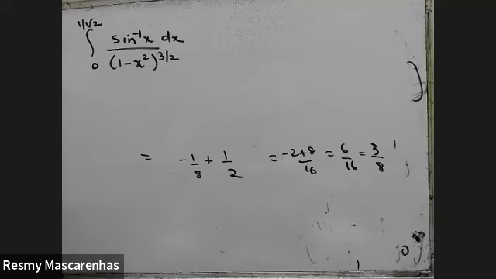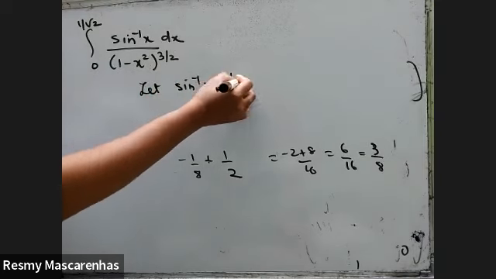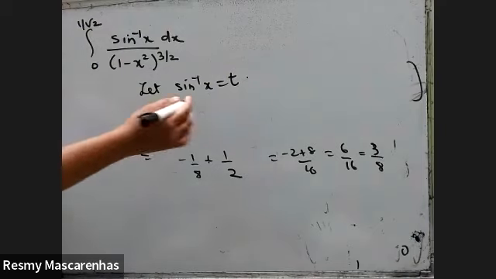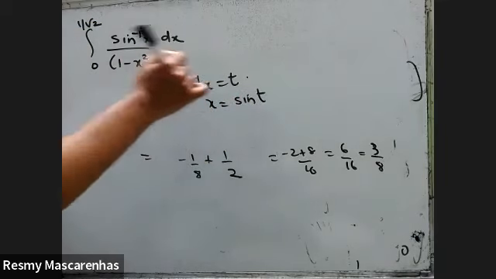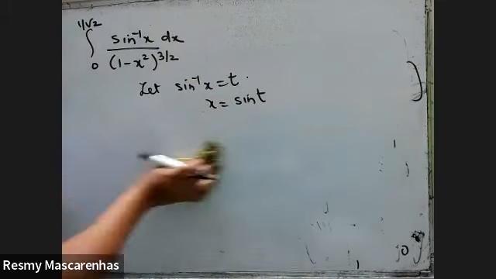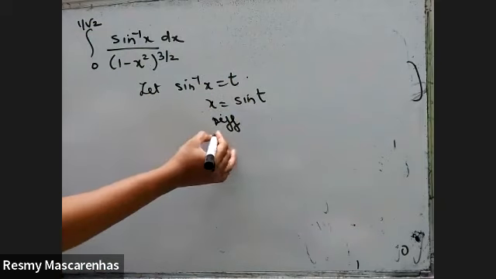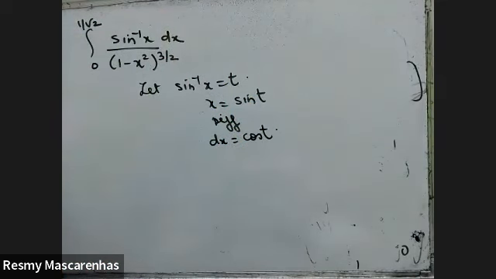A similar problem yesterday we had solved with tan inverse of x. We'll take, let sin inverse of x equal to t. Now x will be equal to sin t. Sin inverse, if you take to the other side, it will be sin. Now we'll differentiate. So this will be dx. Derivative of sin t is cos t.